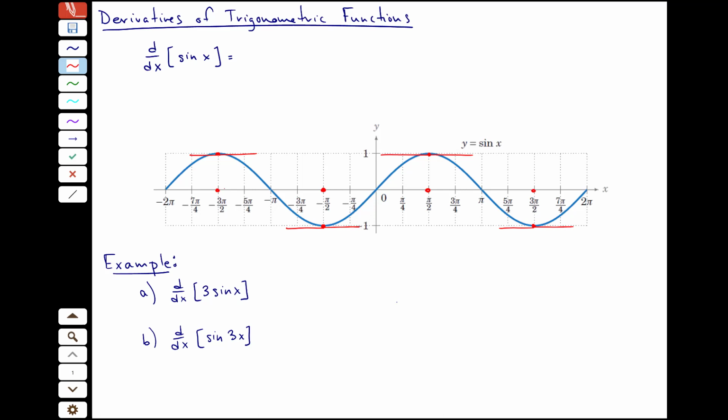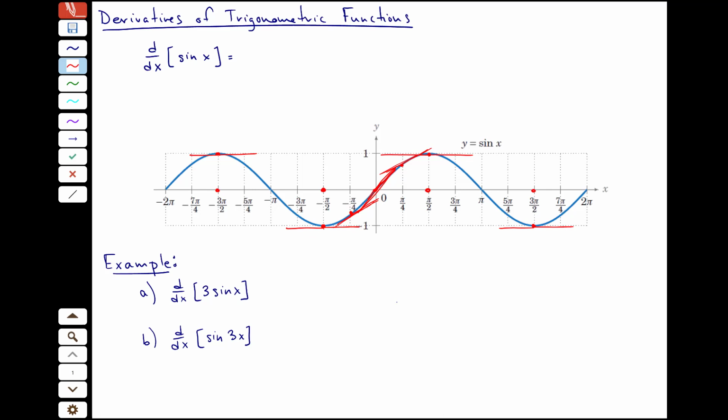Okay, if we look between each of these roots, let's say at x equals 0, it looks like we have a positive slope. As we look at different points between each of these two roots, we see that we have positively sloped lines.